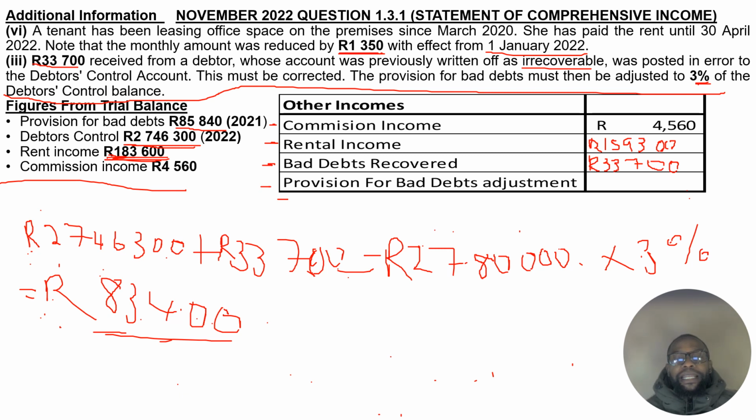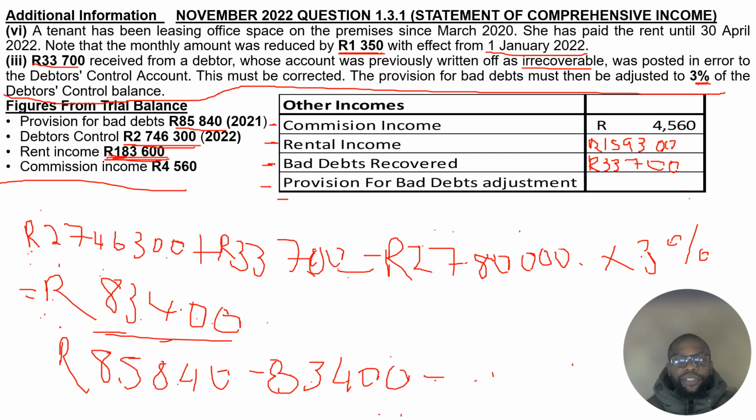So the difference between this 85,840 minus this 83,400 is our provision for bad debt.